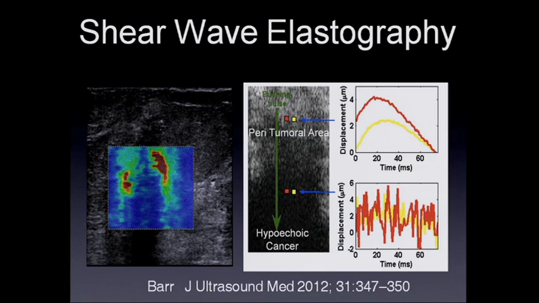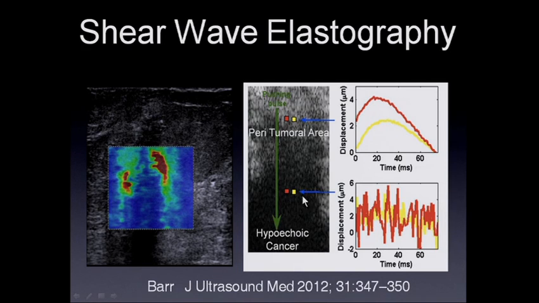We've done some work in trying to decipher why this is happening. And this is a case of an invasive ductal cancer, and this is one that has a ring around it of high velocity. And I'm showing you here the shear waves that are generated as we do this test. And you can see that if we look in the peritumoral area where we're getting these high signals, we have these waveforms that have a little bit of noise, but we can still identify the peaks reasonably well to get accurate measurements.